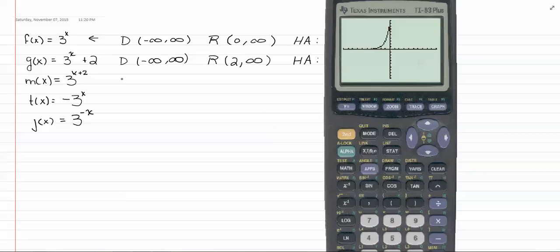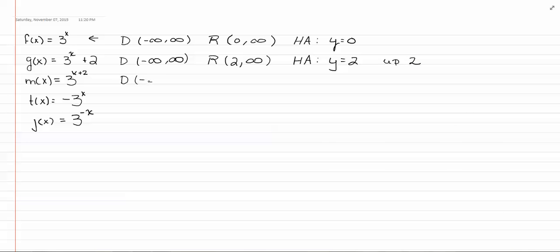The domain is the same. It's still negative infinity to positive infinity. No matter if you shift it further to the left or the right, all your x values will be covered. The range, however, goes back to 0 to infinity, not including 0, because you have a horizontal asymptote there. And in this case, you shifted left 2 units.